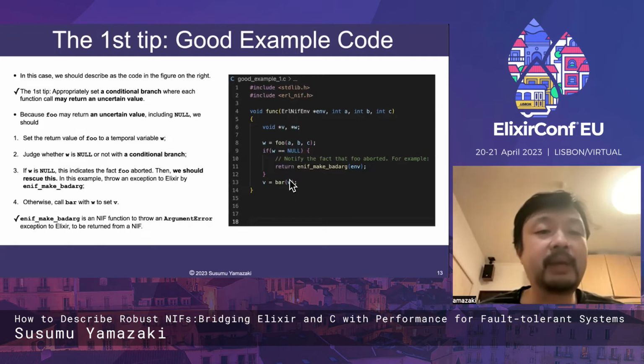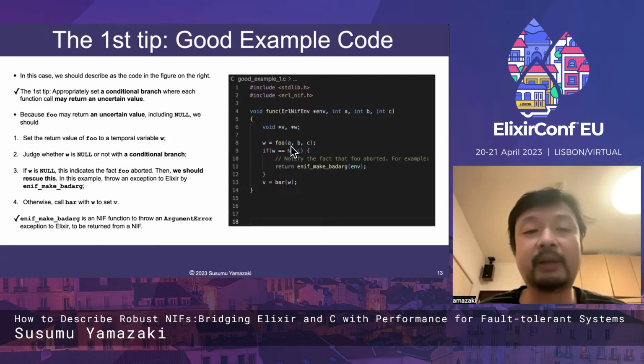Because foo may return an uncertain value, including null, we should set the return value of foo to a temporary variable w. Judge whether w is null or not with a conditional branch. If w is null, this indicates the fact that foo aborted.